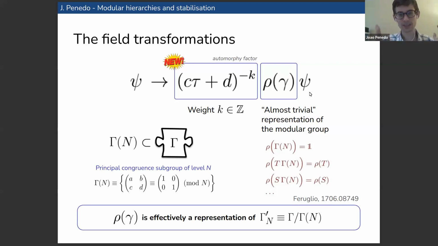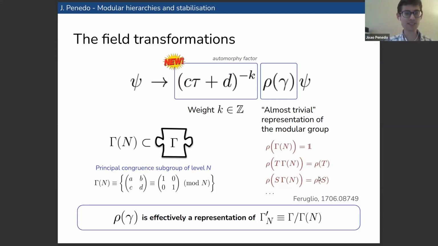Okay. You don't need to care so much about the definition of this. The point is that also these subgroups are infinite. And if you do something like the representation rho of an element of this group goes to the identity, the representation of some element T times some element of this subgroup goes to rho of T and so on, you can factor out this infinite subgroup.